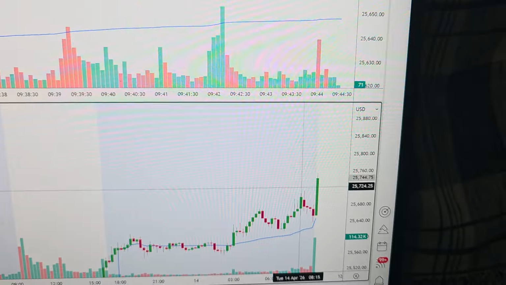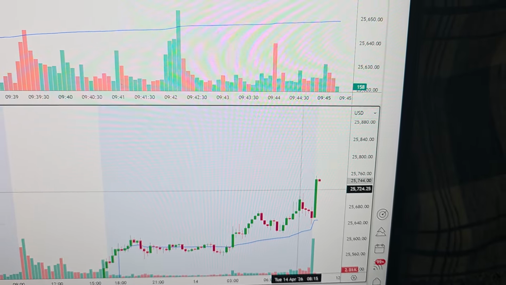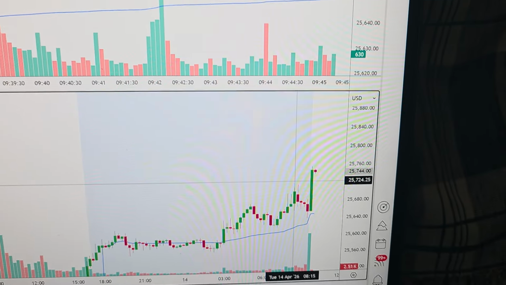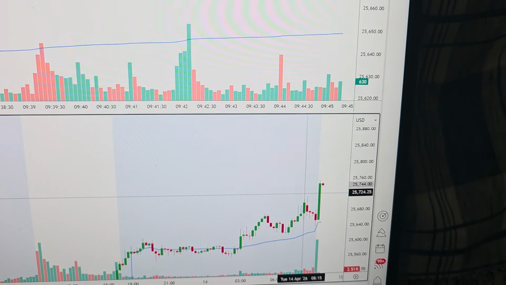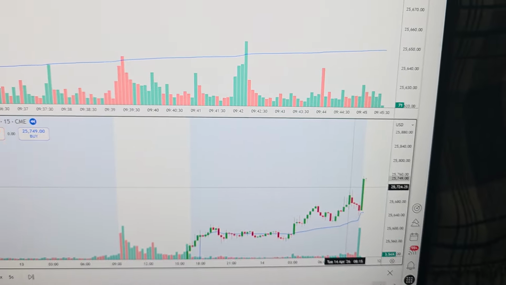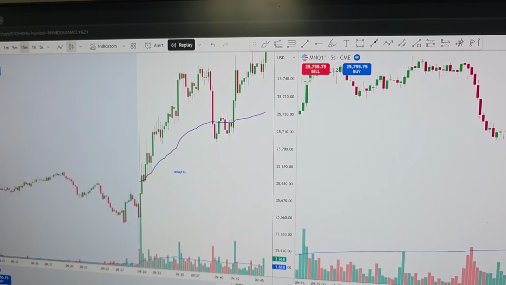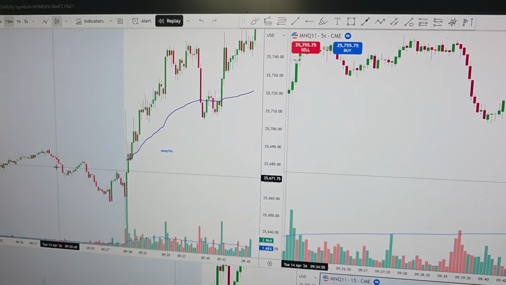Okay, now we closed, and that's definitely a chat candle. So we meet our first component of our requirement to have a chat candle. This is on the 15-minute, and the 15-second chart does look like this.